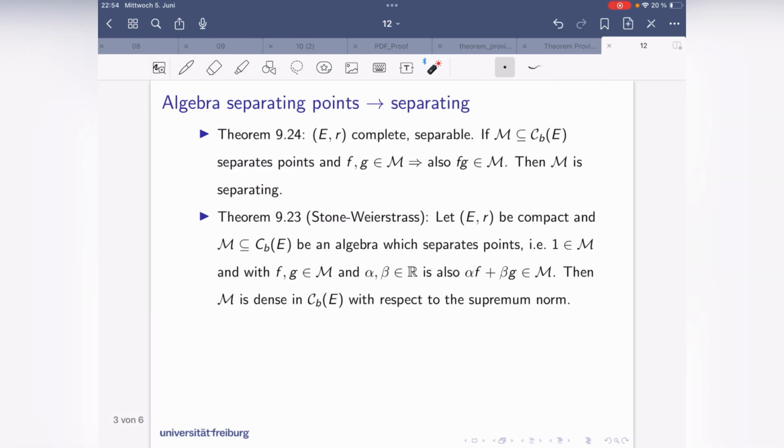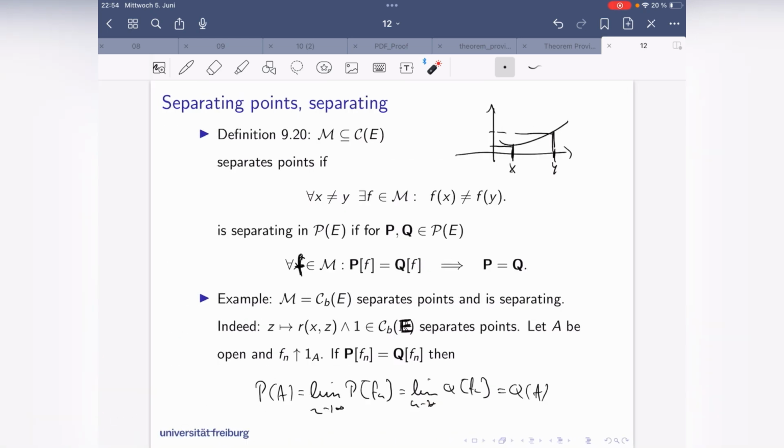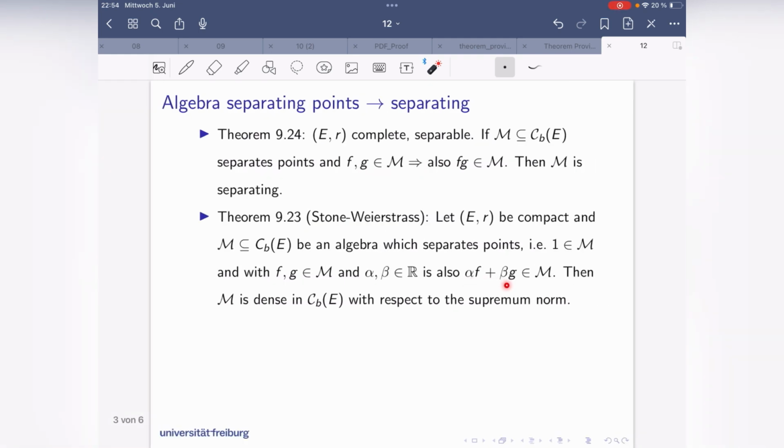And also if this holds, and the same for g, that also holds for alpha f plus beta g, because the integral is linear. So that's also not a real restriction. But being an algebra, that's a restriction, because f times g, well, there's nothing really special happening with integrals here.